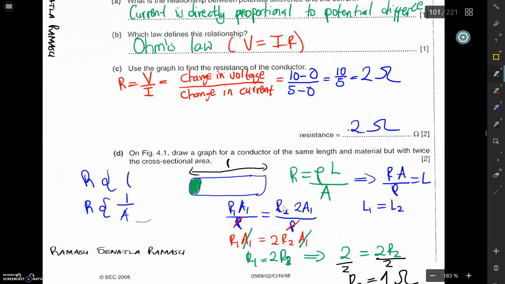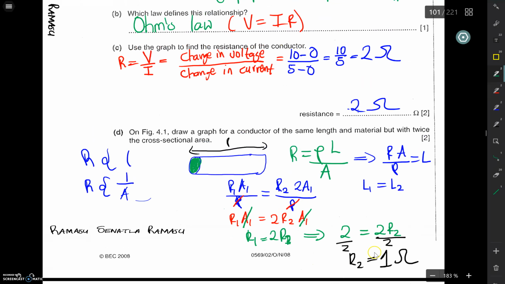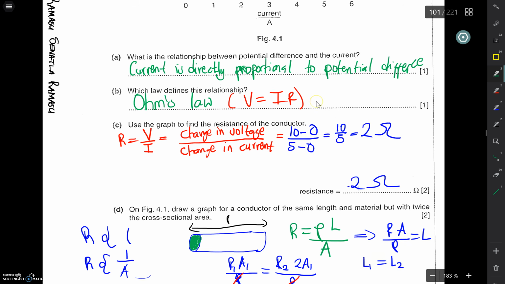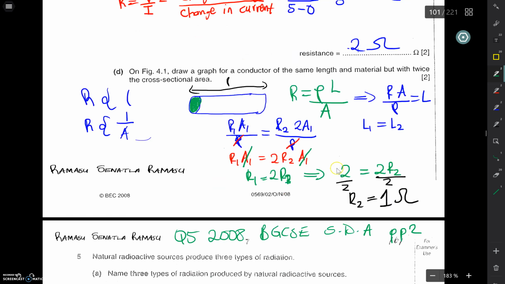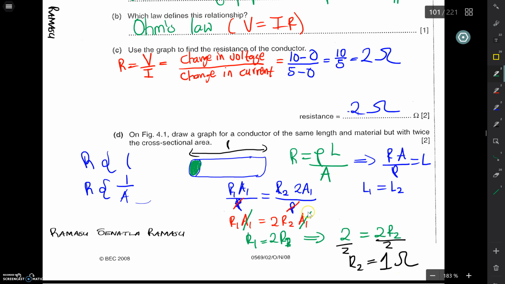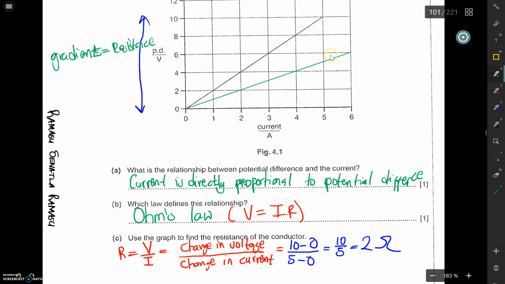This is why we did all this working here, so we could find the resistance of this new conductor, because the resistance is equal to the gradient. If we know the gradient, which is the same thing as the resistance for the new conductor, then we can draw the graph for the conductor here.